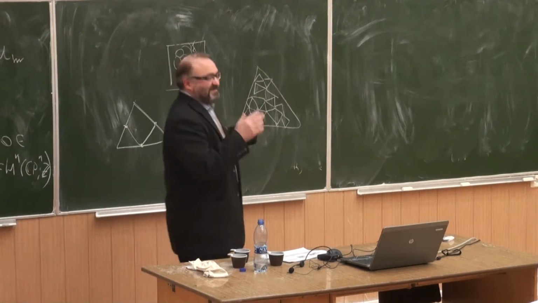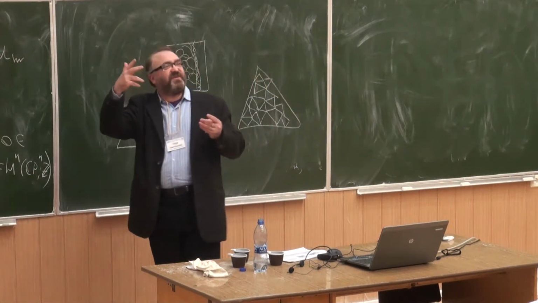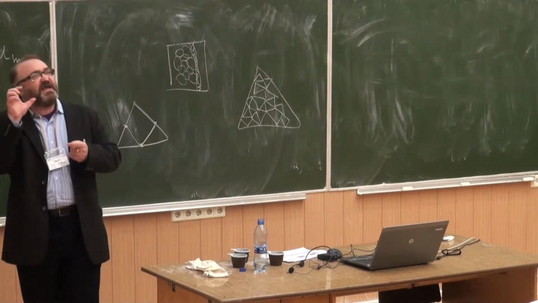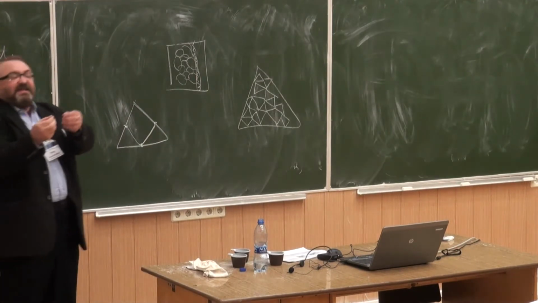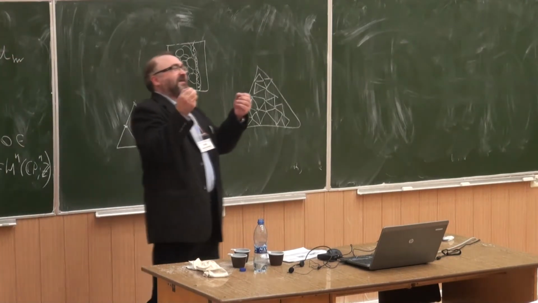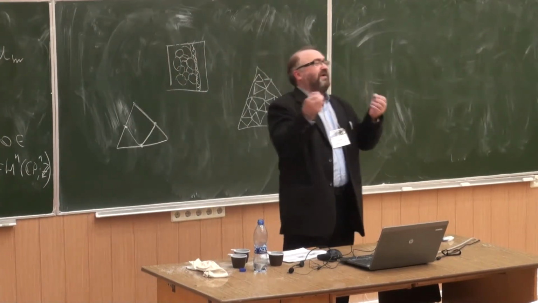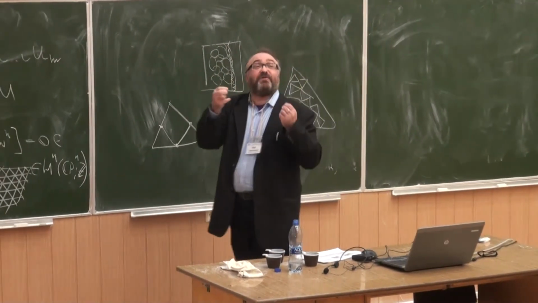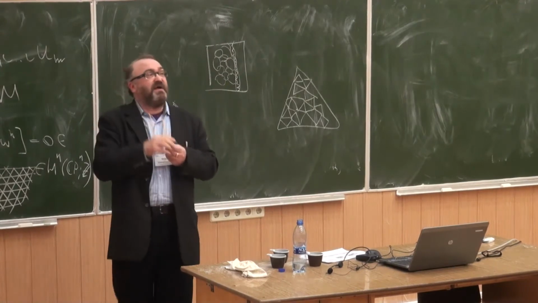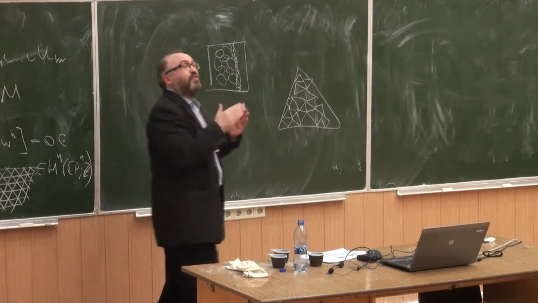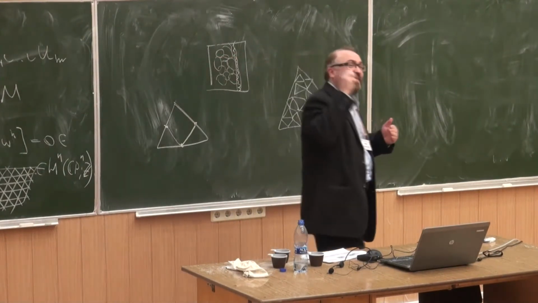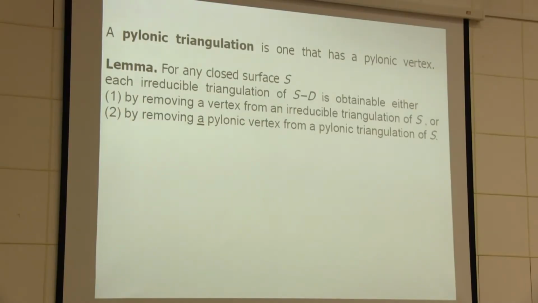For example, there are known some triangulations of the torus with precisely one cable. And then it has two pylonic vertices. Either of the two points could be regarded as a pylonic vertex. But if the number of cables is 2 or greater, and the triangulation has a pylonic vertex, of course it would be unique.